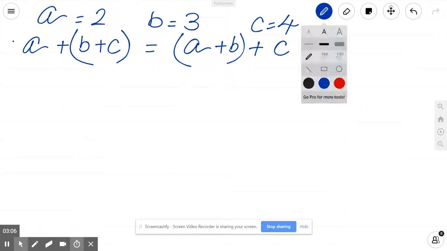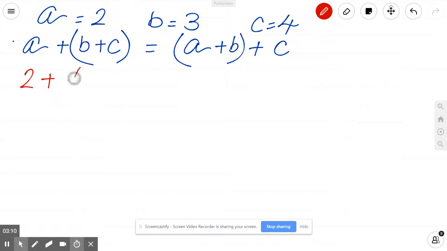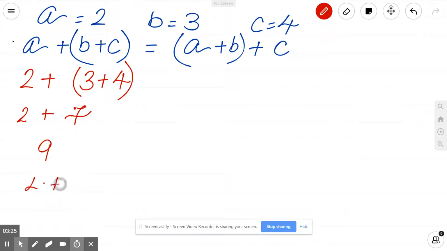So I'm going to plug in the values of a, b, c here. a is 2 plus b plus c, which is 3 plus 4. And 3 plus 4 is 7. 2 plus 7 is 9. Now we got the answer for the left-hand side as 9.